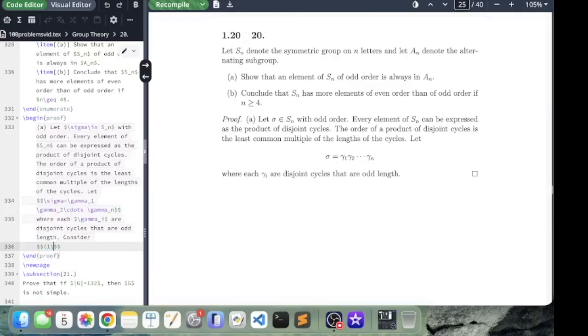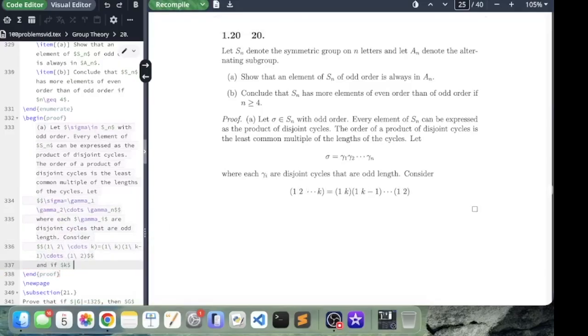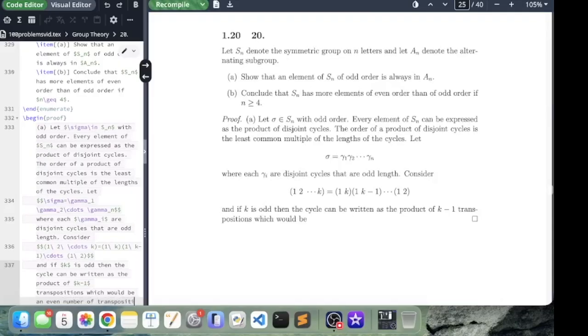Consider a cycle of length k. If we consider just a k-length cycle, well, we can write this as a product of transpositions. And if k is odd, then the cycle can be written as the product of k minus 1 transpositions, which would be an even number of transpositions.